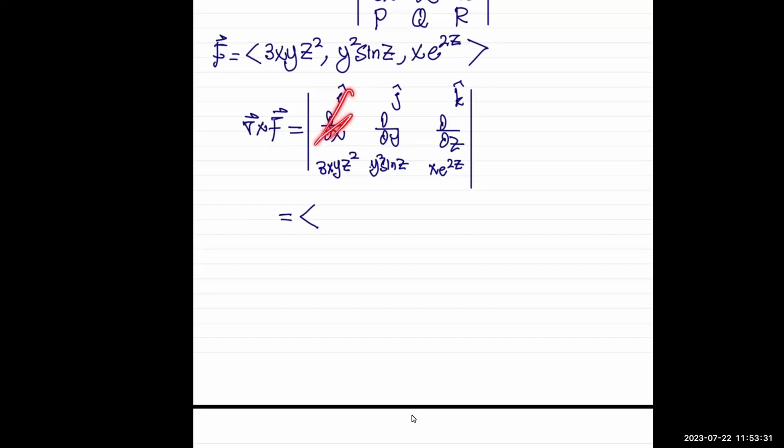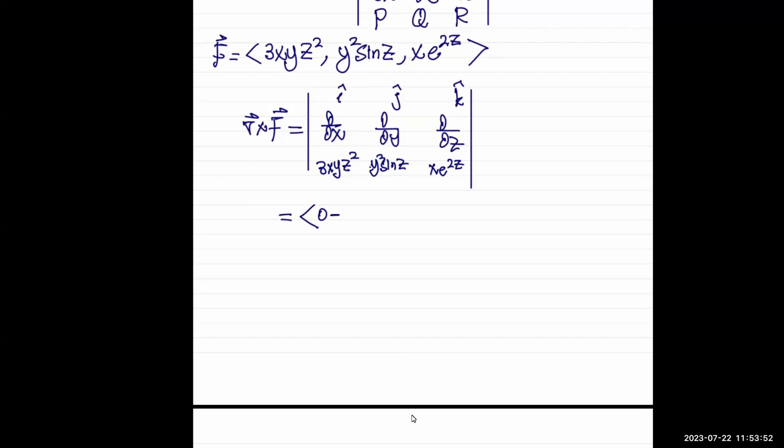Okay, so ignore that column. We have the derivative of xe to the z with respect to y, right? But xe to the z has no y in it, so its derivative is really 0.